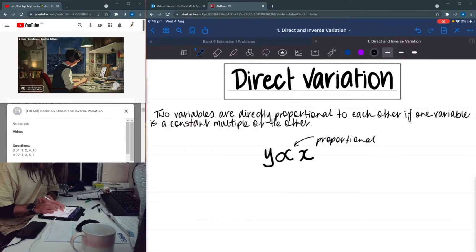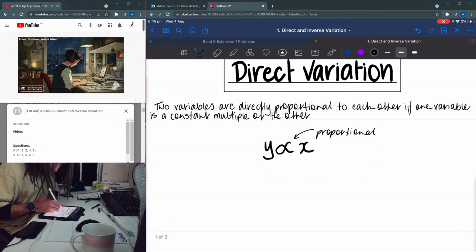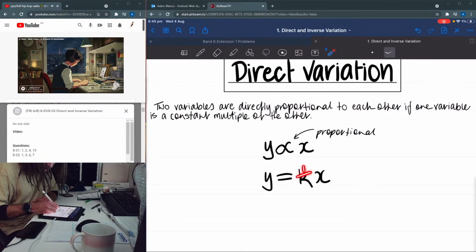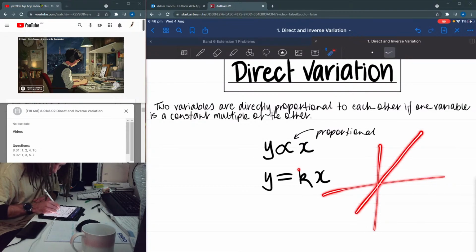Now, when two things are directly proportional, that just means y is equal to some multiple of x. This could be a half, that could be 5, that could be anything, as long as it's one constant. If I were to graph this, y equals x looks like this, y equals 2x looks like this.